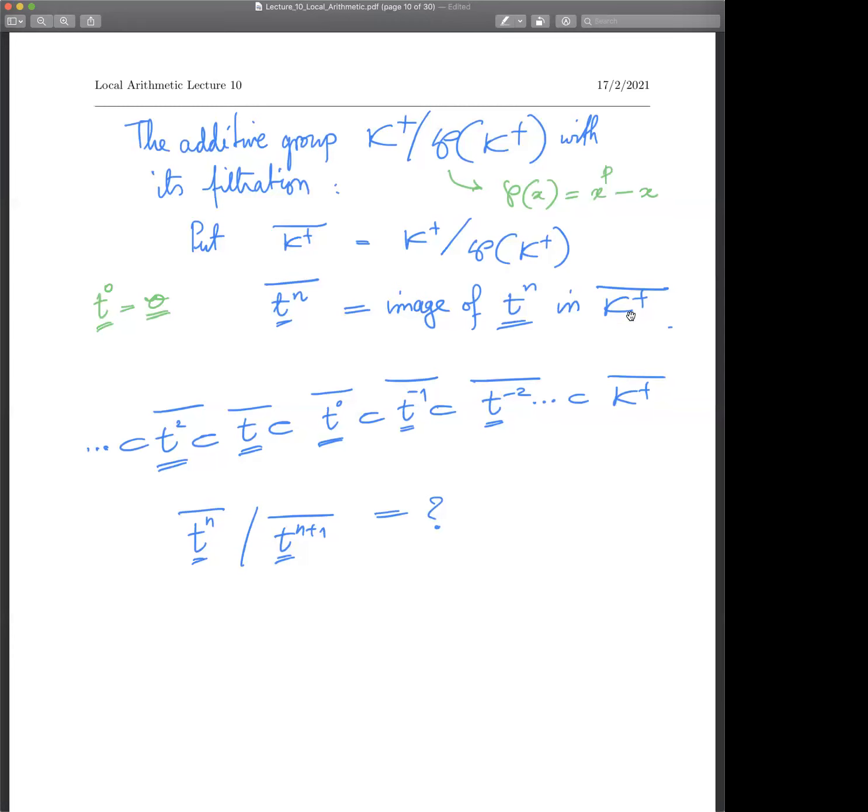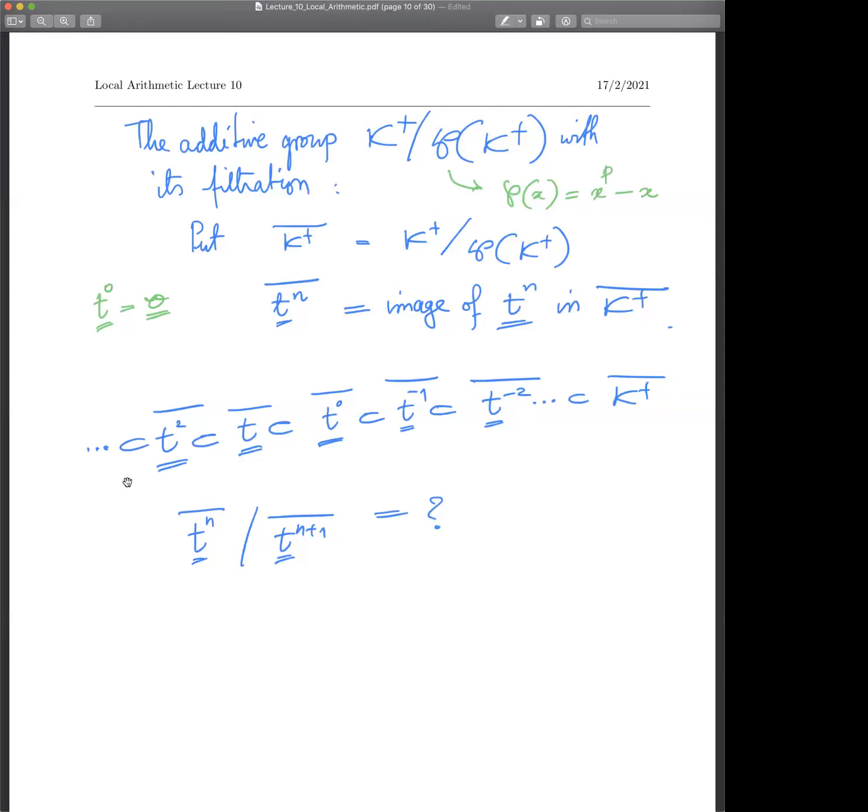And because K plus had this filtration by powers of the ideal T, K plus bar will have this filtration by images of those powers of the ideal T. So you'll have T0 bar, which is the same as O bar, because T0 is O. Then you have T bar and T squared bar, and T to the minus 1 bar, T to the minus 2 bar, and so on.